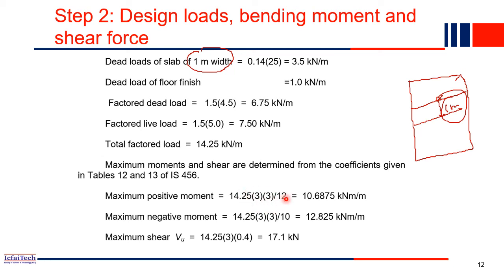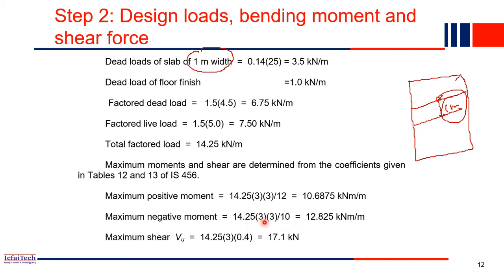From Table 12, the positive bending moment at mid span is 1 by 12, so 1 by 12 means WL square by 12. That is the maximum positive bending moment. In the case of the maximum negative bending moment, the coefficient from Table 12 is 1 by 10, so WL square by 10. Okay, W is what?